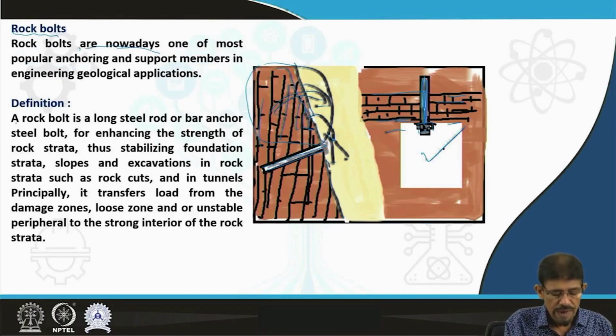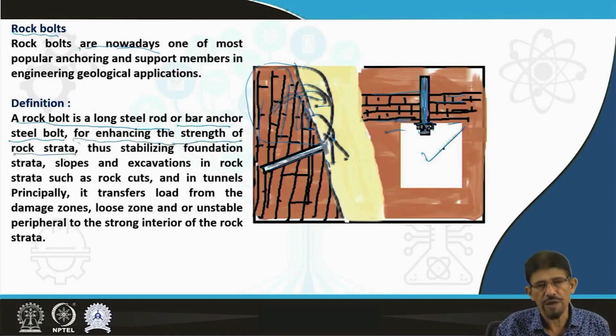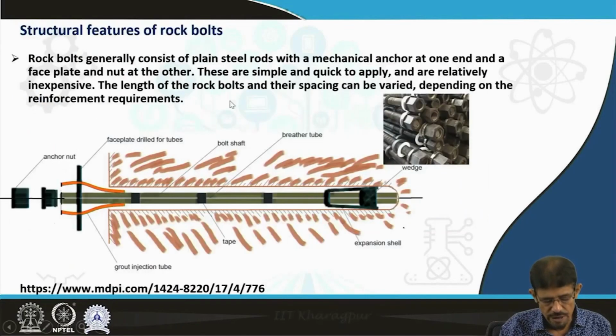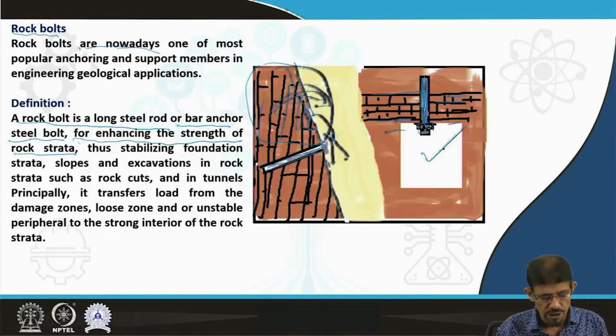Because a rock bolt is, as per definition, a long steel rod or bar anchored steel bolt for enhancing the strength of rock strata, thus stabilizing engineering structures and natural slopes, used for development of engineering structures as well as a solution to minimize the impact of natural hazards such as landslides, earthquakes, volcanoes, floods, etc.